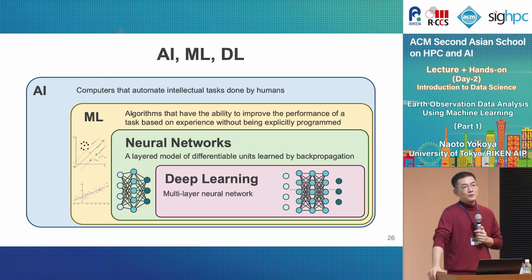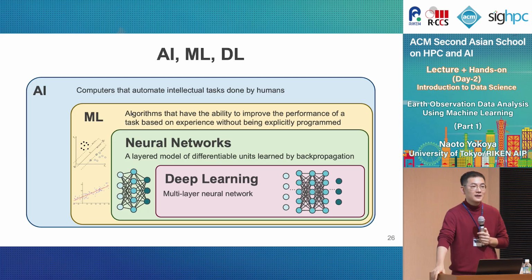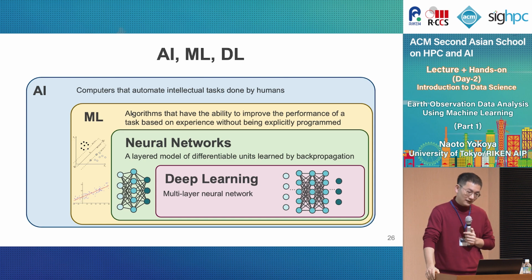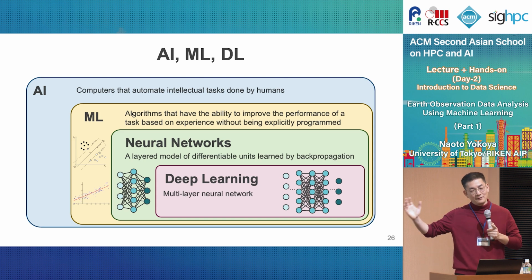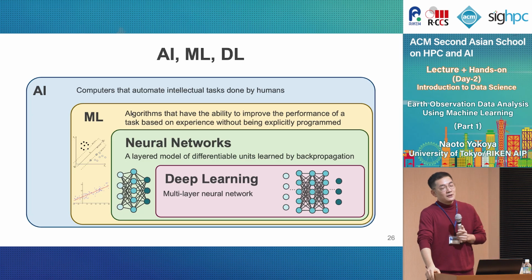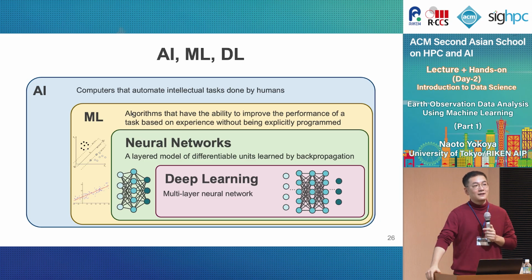AI, machine learning, deep learning is everywhere, and this kind of structure is something you can see everywhere. People just use AI for many things, but AI is very, very broad. It covers lots of things, and just one of them is machine learning. Machine learning is also very broad, covering many different algorithms and models.